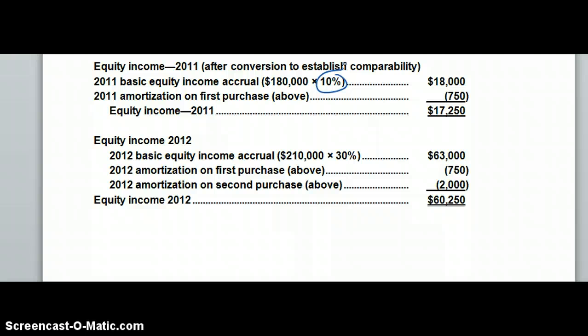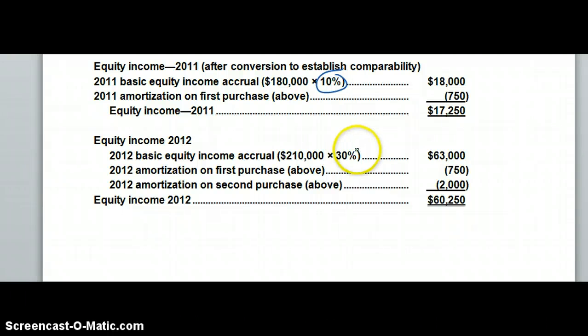Equity income in 2011 would have been $17,250. In 2012, the basic equity income accrual, we bought the new shares on January 1st, now we own 30%.